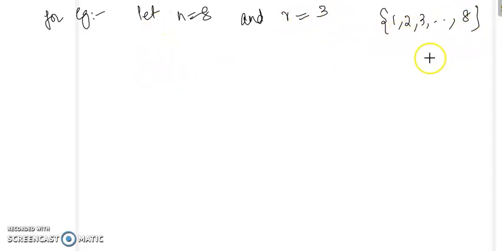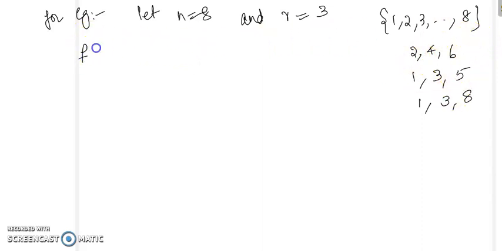So let me take 3-combinations. So I can take 2, 4 and 6. Similarly I can take 1, 3 and 5, and I can take 1, 3 and 8. Okay, now none of these are consecutive.